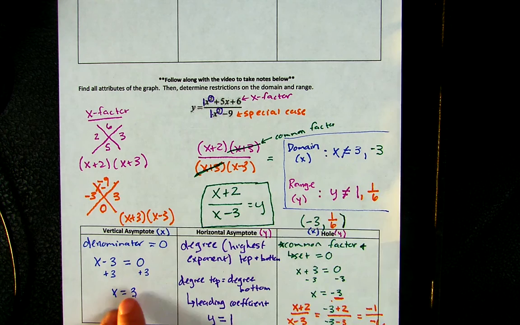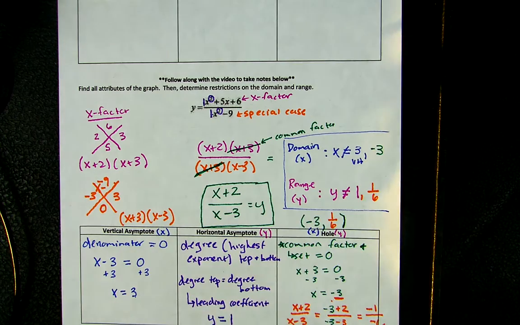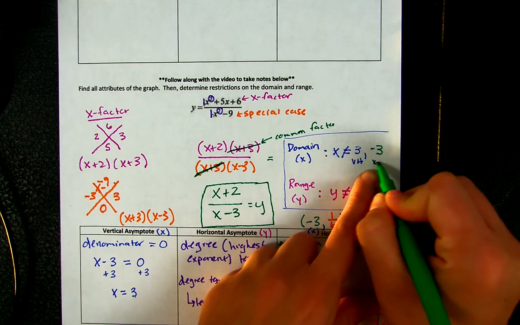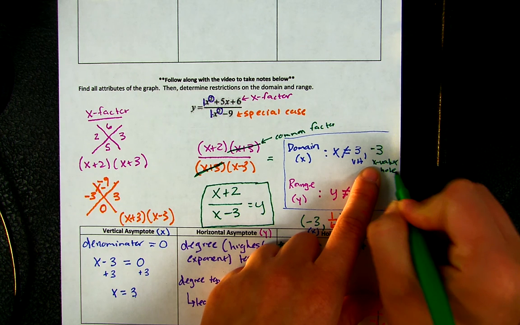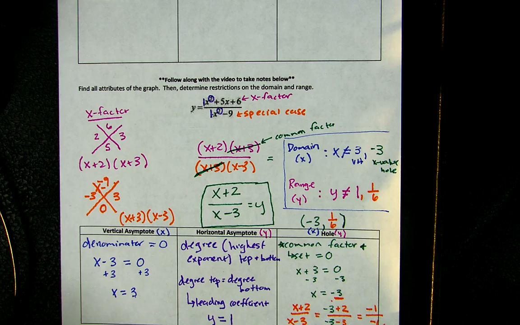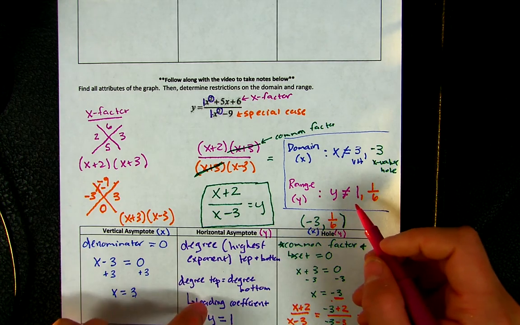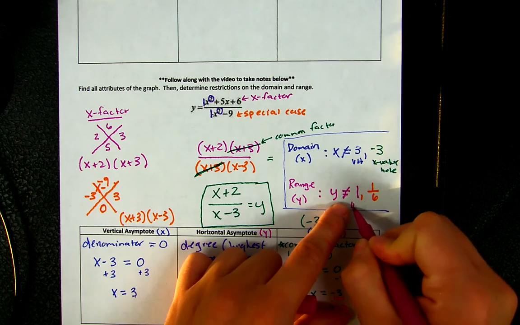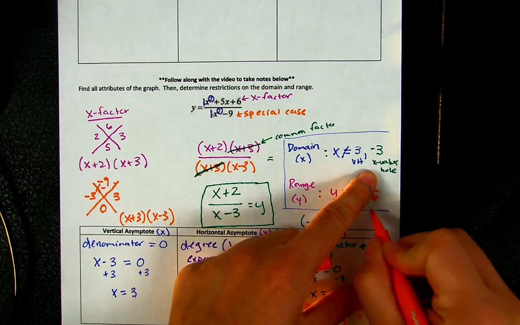For domain, it's x values, which comes from the vertical asymptote, the VA, and the x value of the hole in the graph. And for the range, your two excluded values are your horizontal asymptote and the y value of the hole in the graph.